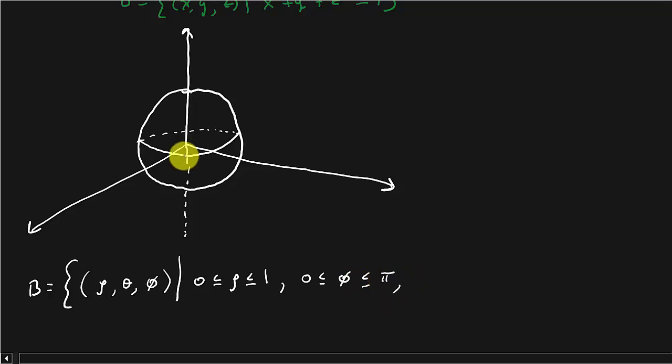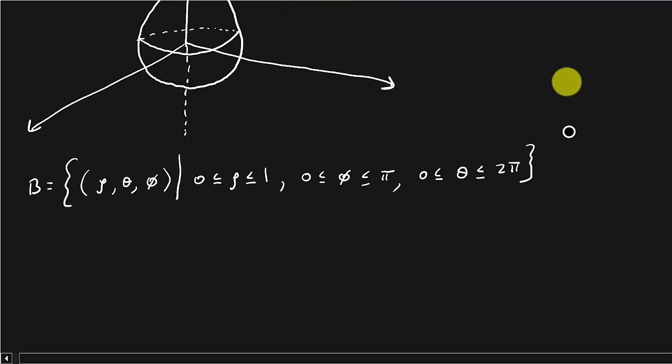And then of course theta is rotating around, measured off the x-axis, and you can see it's going all the way around. So we've got 0 less than or equal to theta less than or equal to 2 pi.